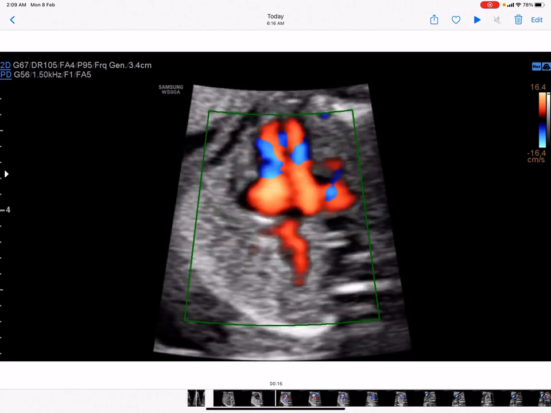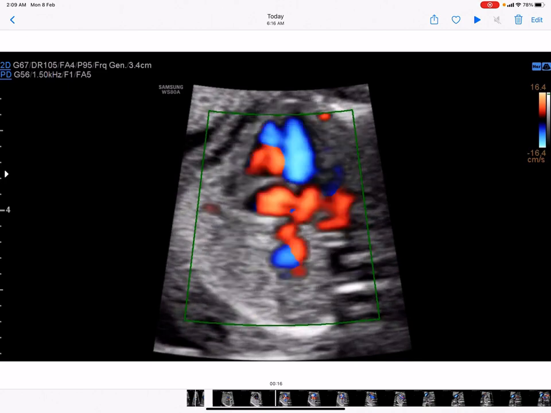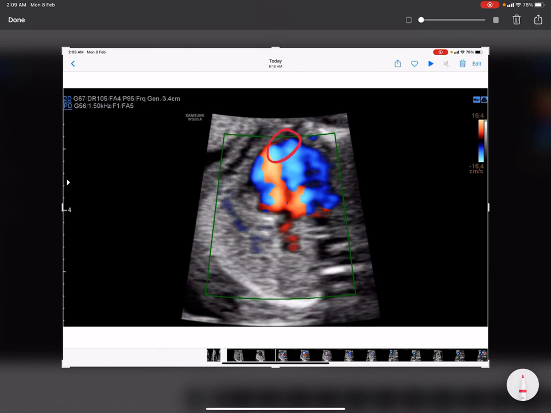If it is situs solitus, I just look at the apex of the heart. You can see the apex of the heart. So that means this is the left side of the fetus and this is the right side of the fetus. So this apex determines the laterality, that is the left side of the fetus.